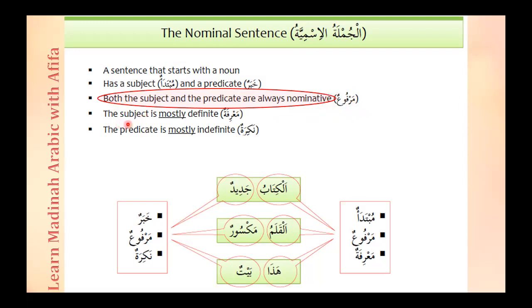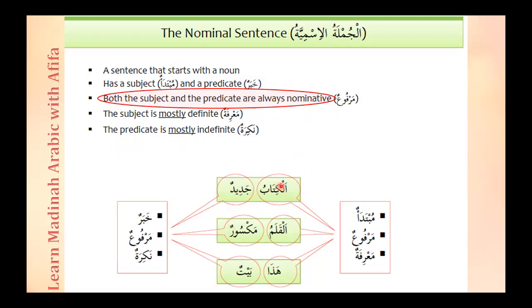The subject, in most of the cases we will study in the beginning, is definite. The Arabic word for definite is ma'arifatun. The predicate is mostly indefinite. What is the Arabic word for indefinite? Nakiratun.